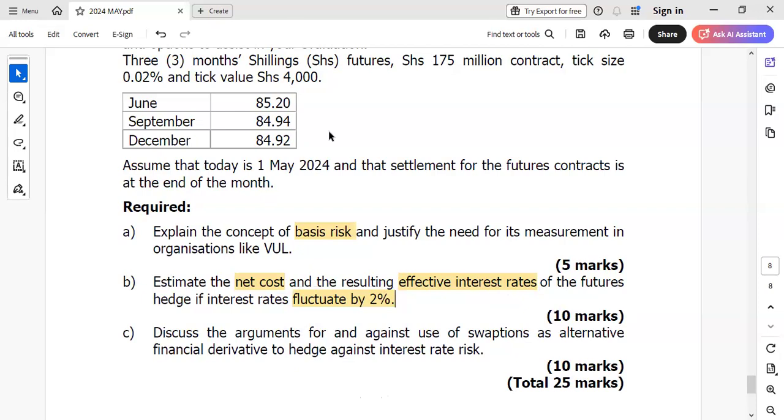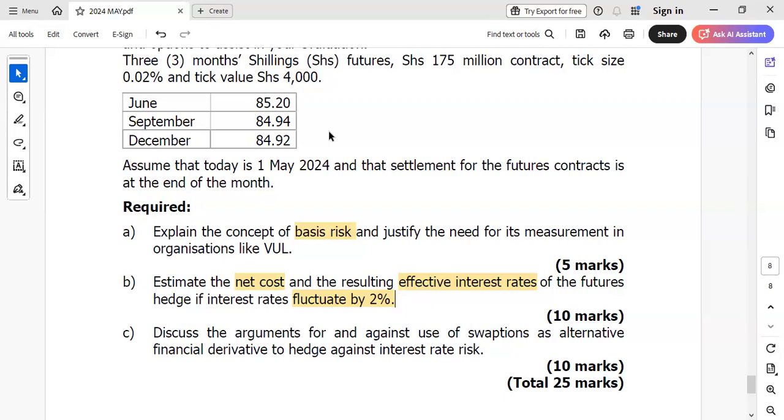Is it going to be an increase or a decrease? It means that you will need to look at two sides: a scenario where the interest rate decreases by 2, and a scenario where it increases by 2, because you don't know which kind of fluctuation. Are we together?